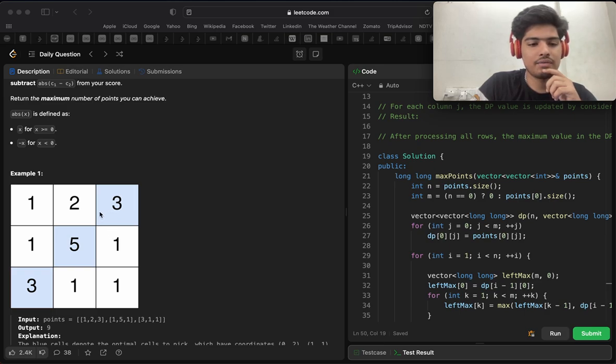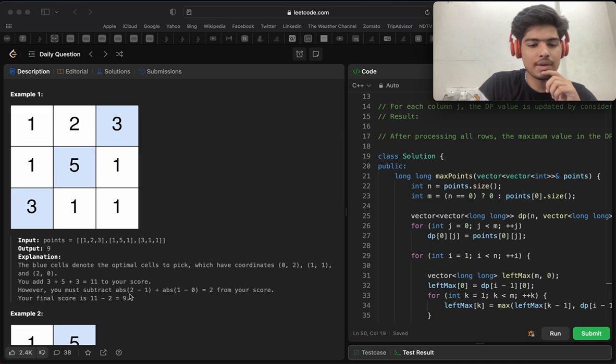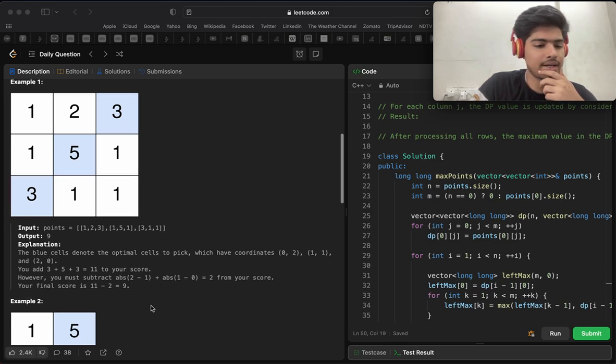So the absolute difference between these two will be 2 minus 1, which is 1. Plus the absolute difference of 1, this is the first column and this is the zeroth column, so 1 minus 0, which is 1. So this will be 1 plus 1, 2. So I have to subtract 2 from 11, and now the answer will be 9.